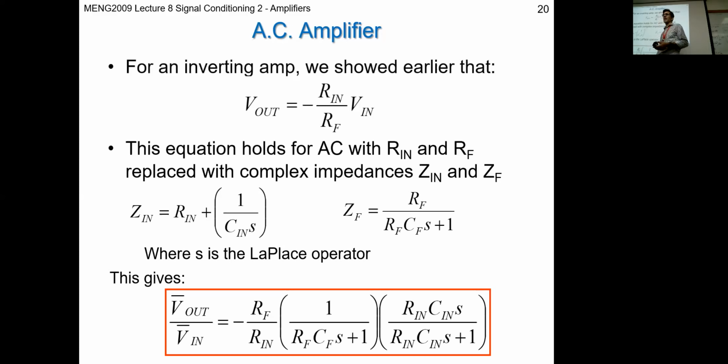The ratio of those would be minus Rf upon Rin into 1 upon Cf S, over Rf Cf S plus 1 times Rin Cin over S over Rin Cin S plus 1. Again, you get that by substituting and working through. I'm not going to do that right now. You could do that in your own time. Just drop those values in. You should get that.